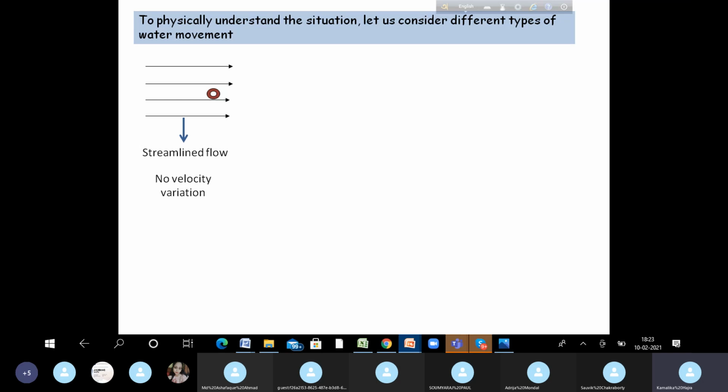Since there is no variation of the velocity vector along this vertical line, ideally, this wheel will remain stagnant, but of course it might undergo up and down vibration, but it will definitely not rotate.